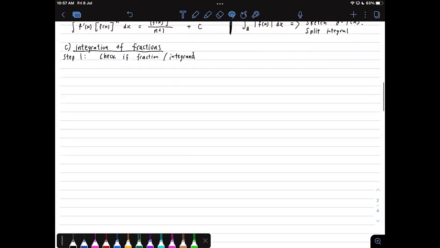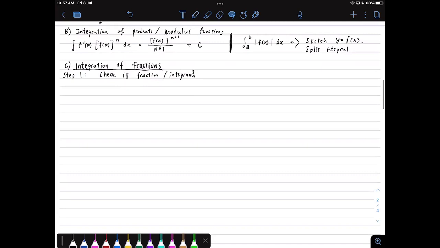Step 1 is to check if the fraction or integrand is improper or not. If improper, long division. If not, then do nothing. Leave it alone.